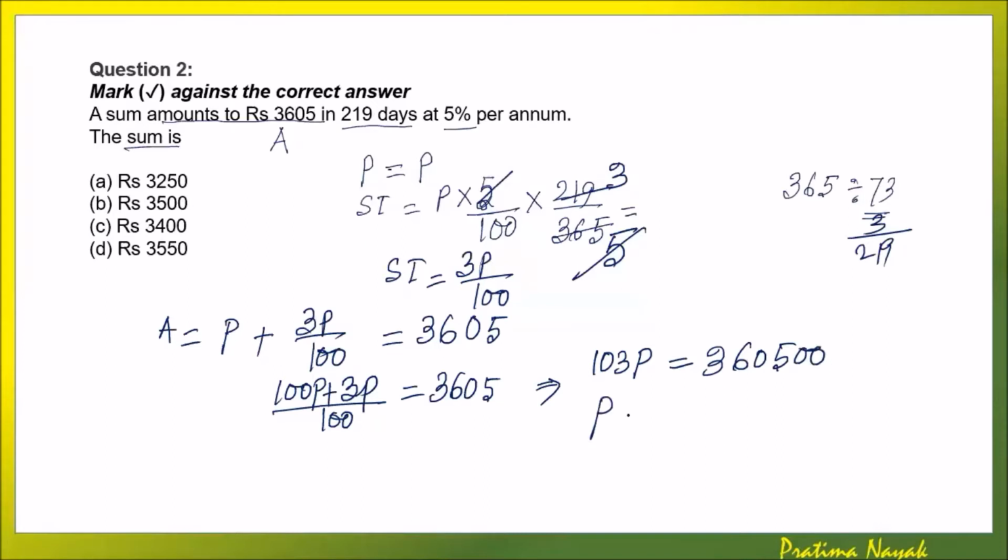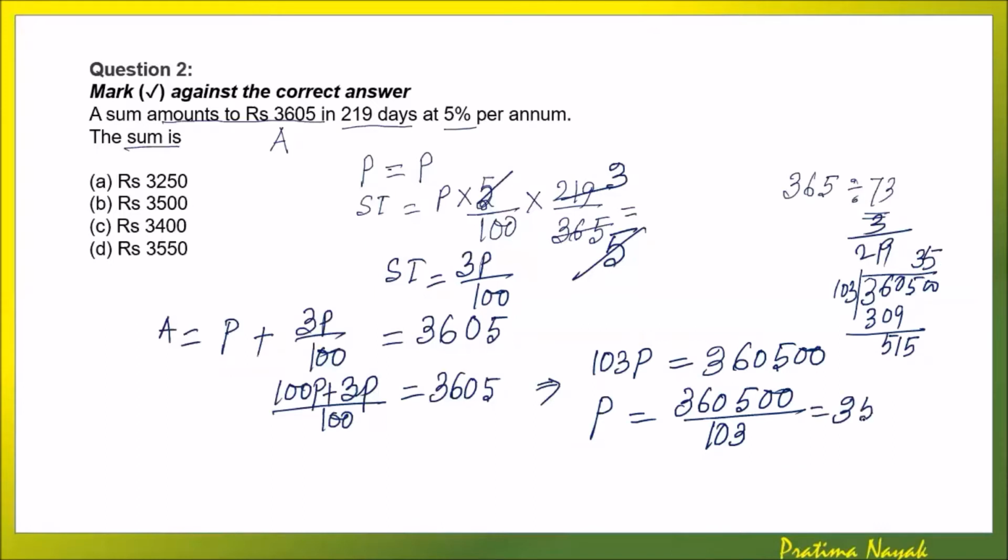Next, P is equal to 3605 divided by 103. 103 is a prime number, so let us divide directly. 3 times 103 is 309, then 1, 5 and 5. So this will be 3500. Where is the answer? Answer is B, 3500.